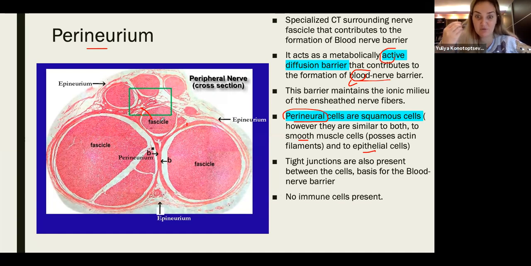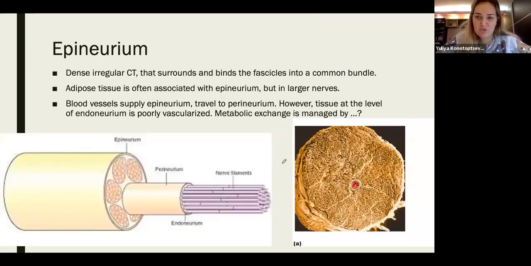But if this blood contains something pathogenic, then it's not fine. So we're creating this barrier. Yes, perineurium is the barrier. And lastly, the epineurium, that's just the dense irregular connective tissue. I told you, a bunch of blood vessels, a bunch of fat, etc.